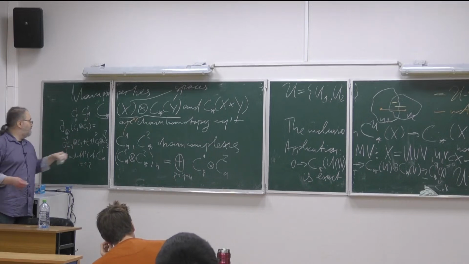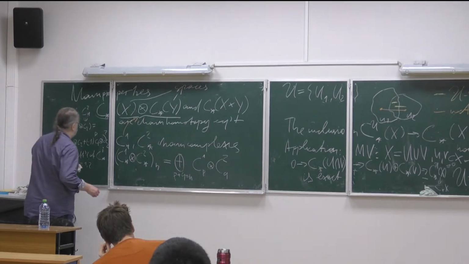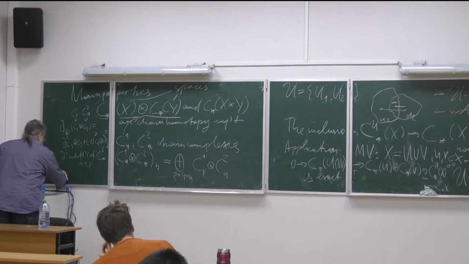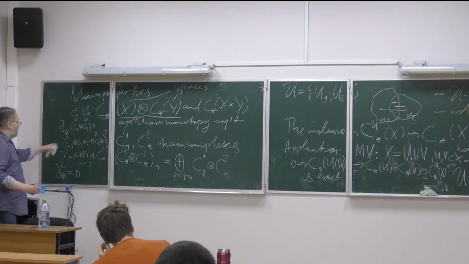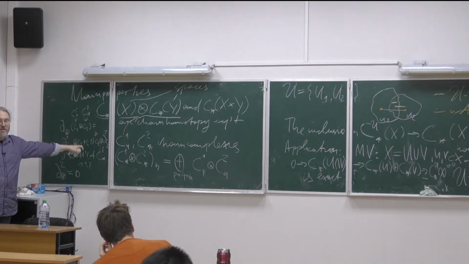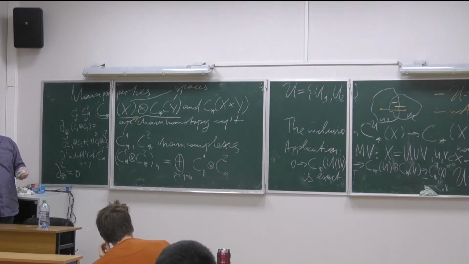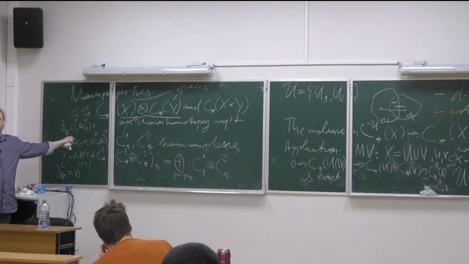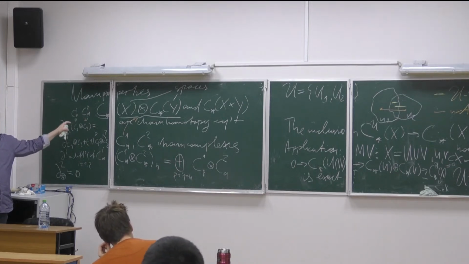Again, exercise: check that delta tensor, as I defined it here, squares to 0. Does this make sense? Do we understand now what the tensor product is?